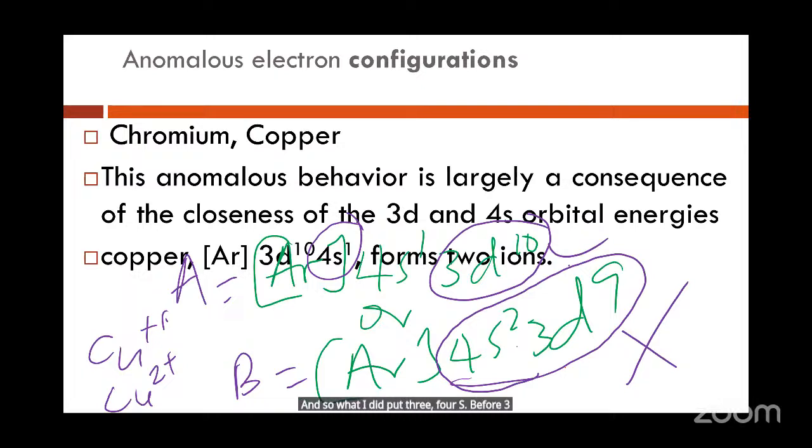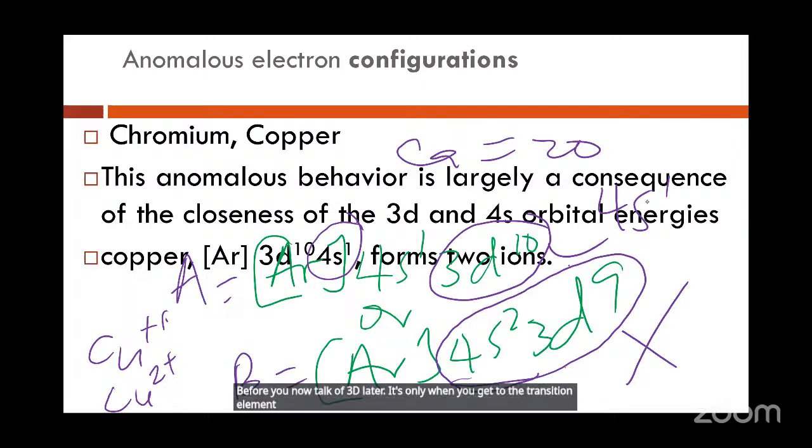The appropriate one is to put 3d before 4s. But the reason why you put 3d before 4s, I will not want to explain here. But when you get to calcium, which is number 20, you fill 4s first before you now talk of 3d later. It's only when you get to the transition elements that you now see the introduction of 3d.